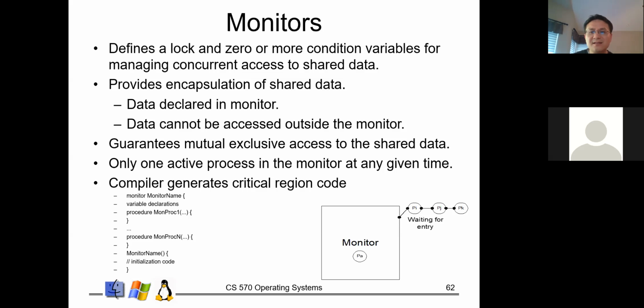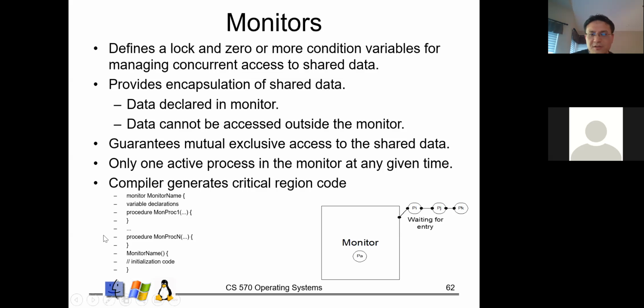A class is essentially an abstraction that would tie the data and operations together. And so here, a monitor would, in particular, tie the data and the synchronization operations together.